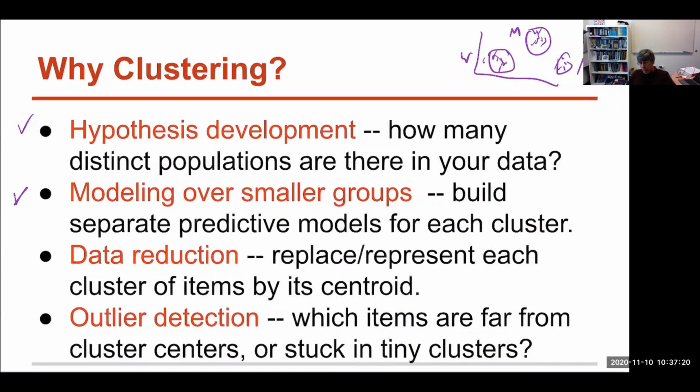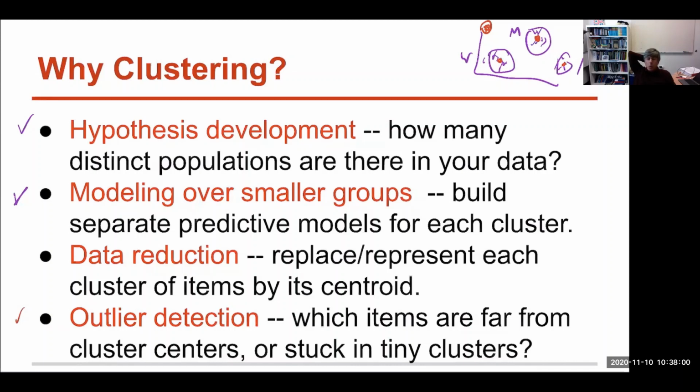The other thing that's good about clustering is that it lets us identify when something is an outlier. This point here, I claim, is an outlier. Why is it an outlier? A reasonable definition is that after we've clustered the points, this point is far from any of the cluster centers, and that is a fairly robust method for identifying whether you've got an outlier.